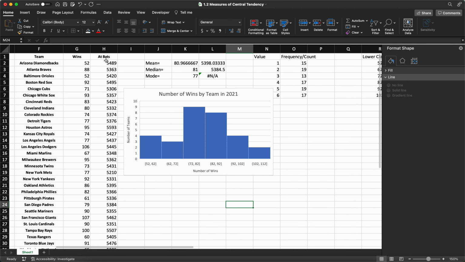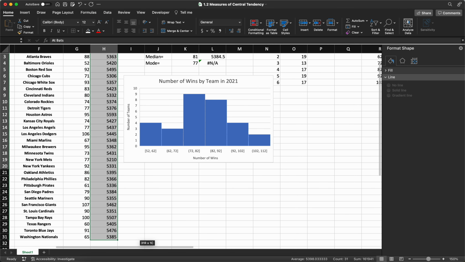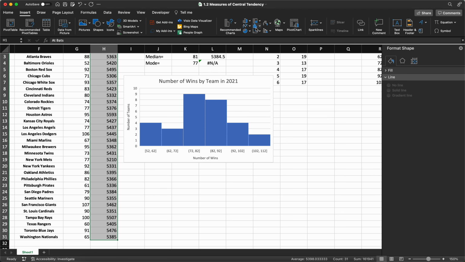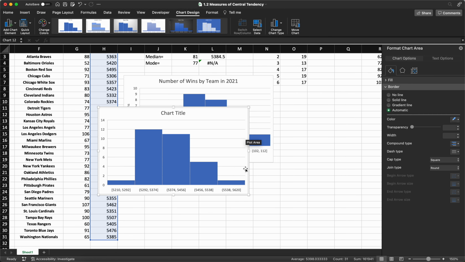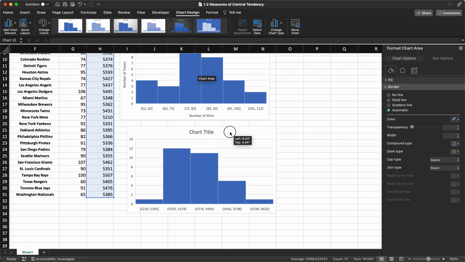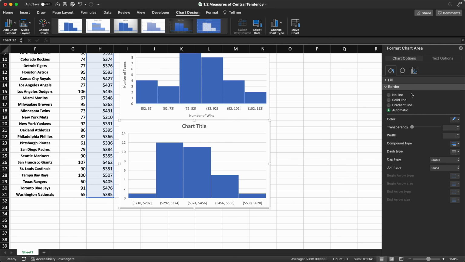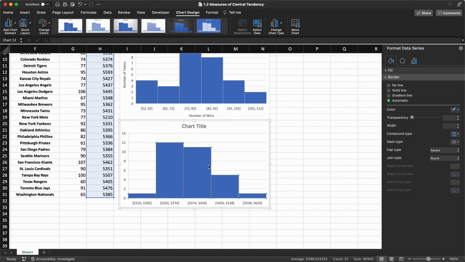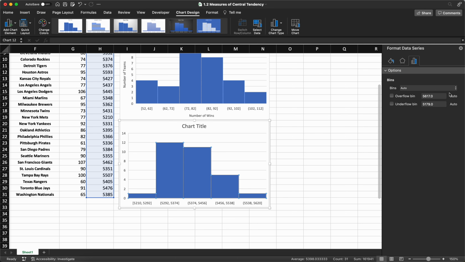When we look at the histogram for this, and we're going to do this quickly, again, this looks pretty symmetric. I can play around with it to make it look more symmetric. Let's just do number of bins.